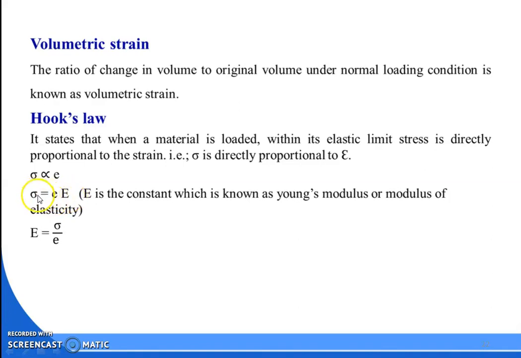That means stress equals strain multiplied by a constant, and this constant is known as your Young's modulus or modulus of elasticity. From this equation we find out the value of Young's modulus. It is the ratio of stress by strain.